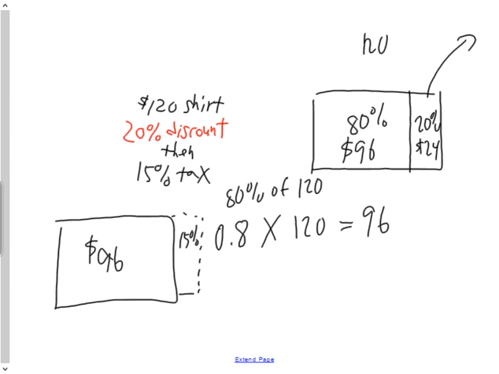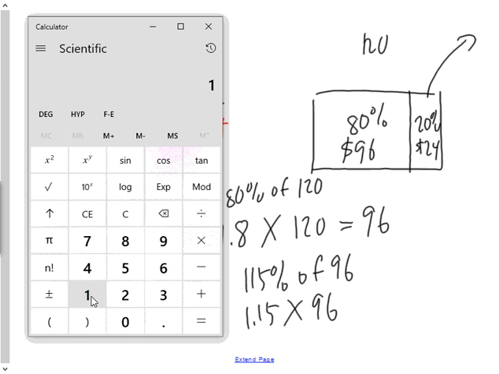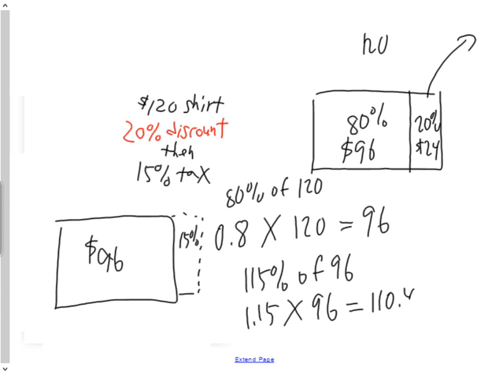So in effect, percentage-wise, I have to pay for the shirt and I have to pay for the tax, which means I have to pay for 115% of the $96 shirt. Right? The cost of the shirt and the tax is 115%. So the calculation that goes into the calculator will be 1.15, or 115% of $96, and we get $110.40, which is the final price of the shirt.